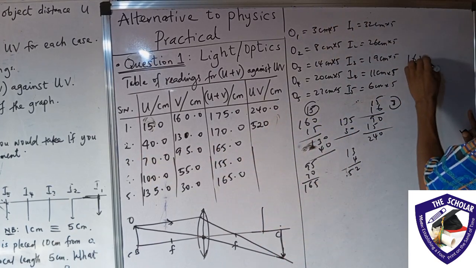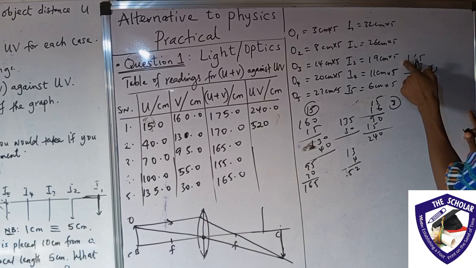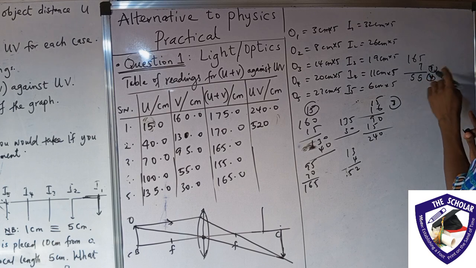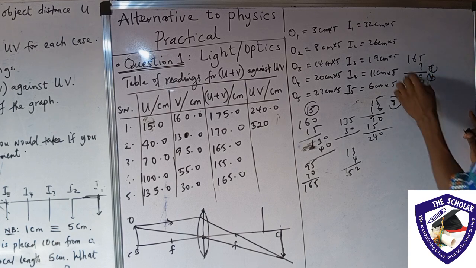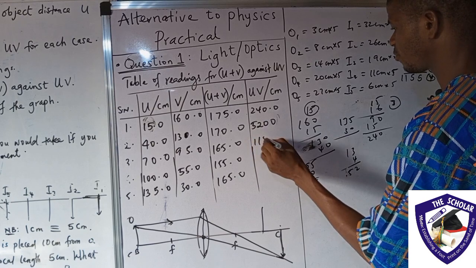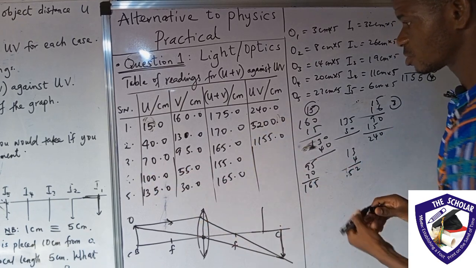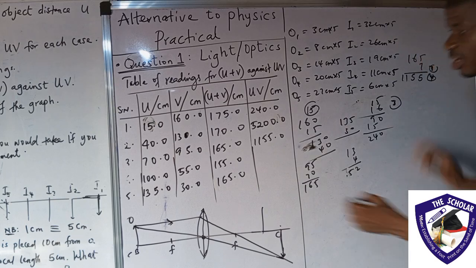Then the next one, 165 times 7. 7 times 5, 35. 7 times 6, 42. 45. Then 7 times 1, 7 plus 4. That would be 11. That's 1155.0. The next one, 100 times 55.